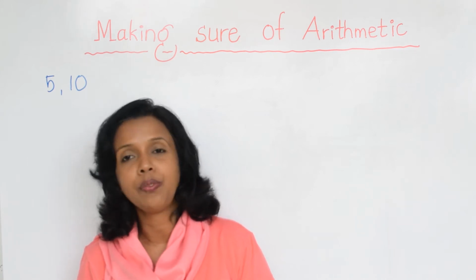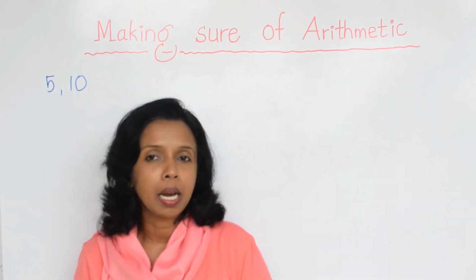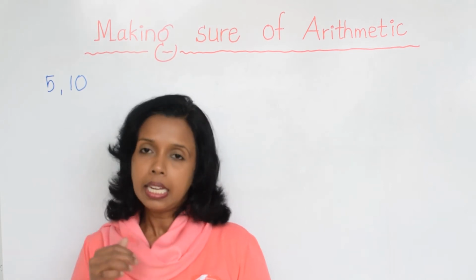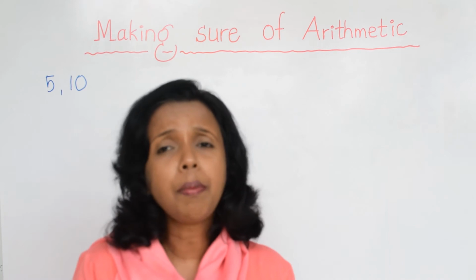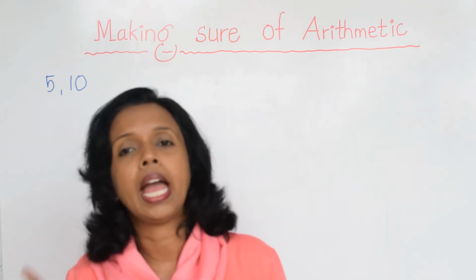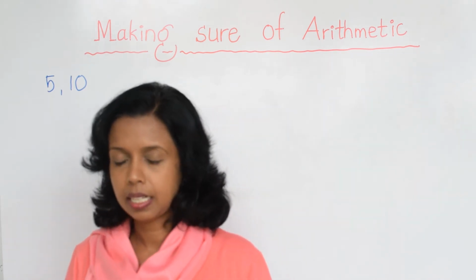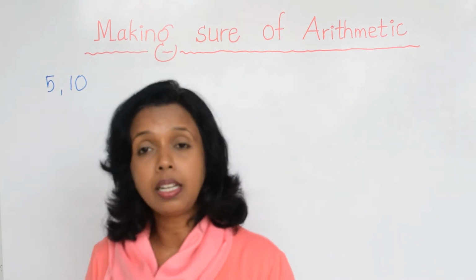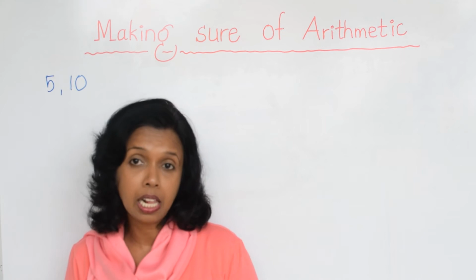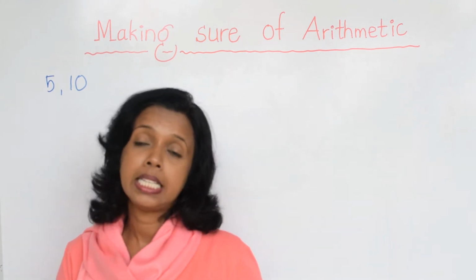As a revision we are doing, what is a prime number, children? Any number which can be divided only by itself and by 1, right? I repeat, a number which can be divided only by itself and by 1 is a prime number.